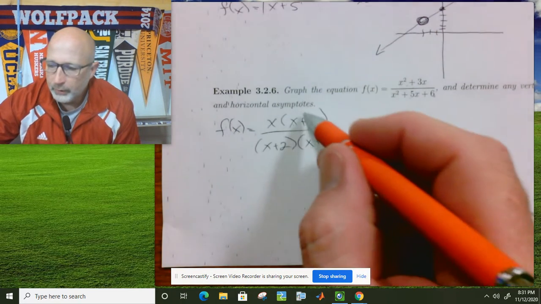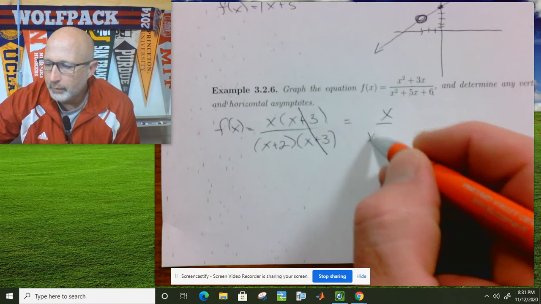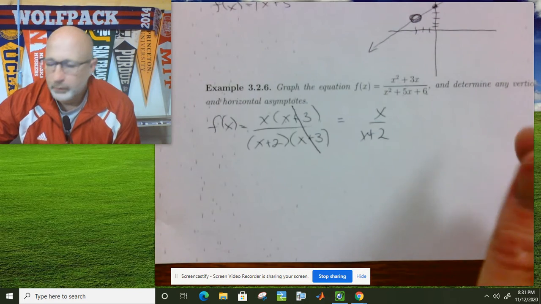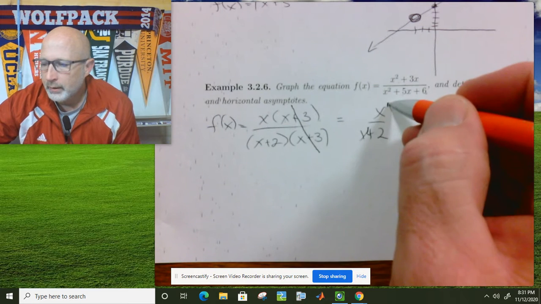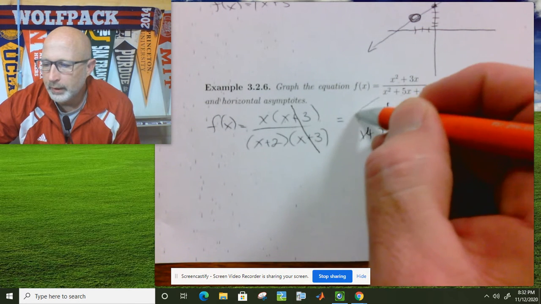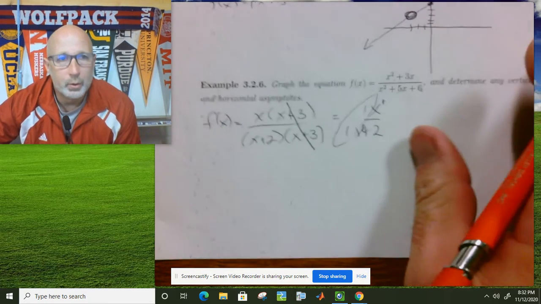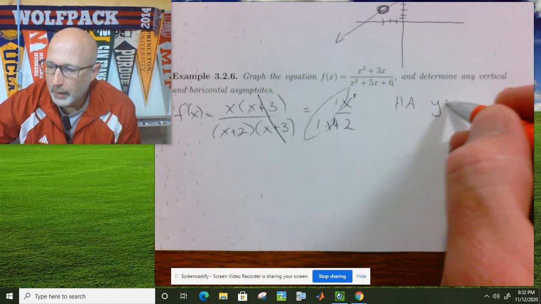Once again, those cancel, and I'm left with x all over x plus 2. So the degree of the top is 1. The degree of the bottom is 1. Since those are the same, the leading coefficients, which is 1 over 1, is going to be the horizontal asymptote. So there's a horizontal asymptote at y is equal to 1.